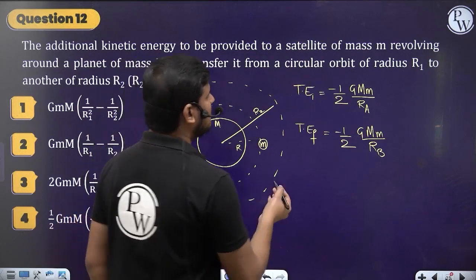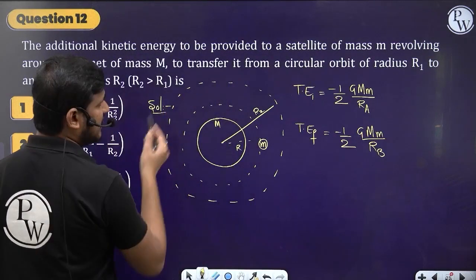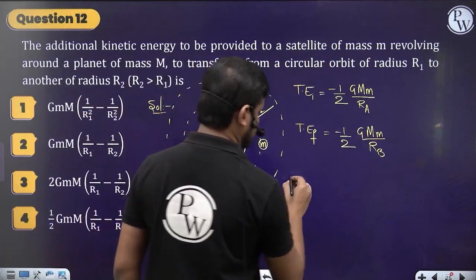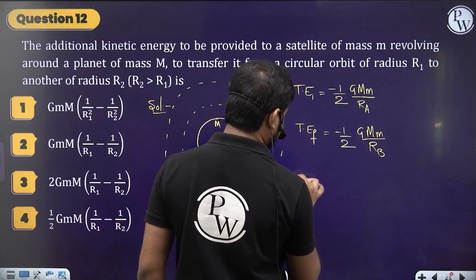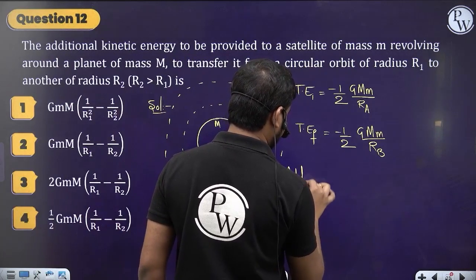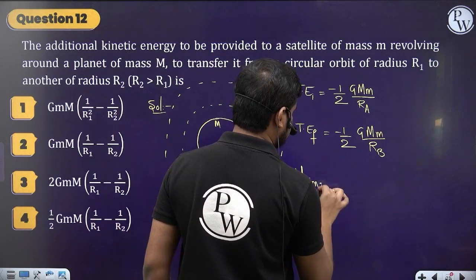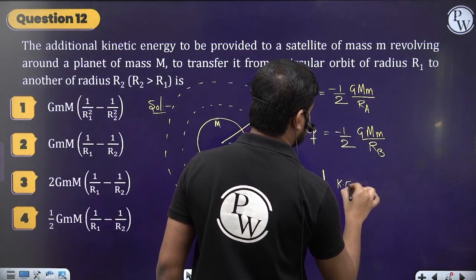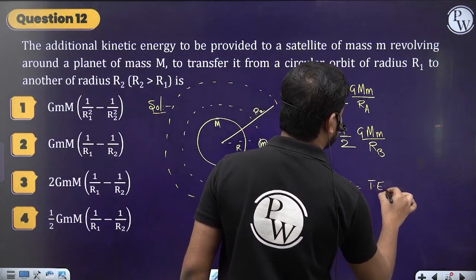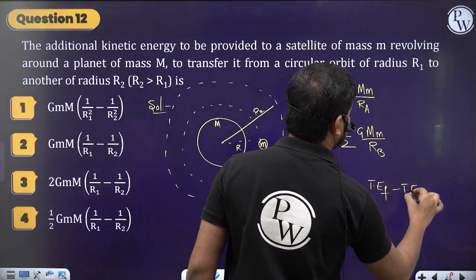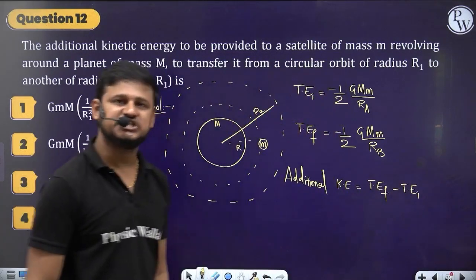So now what is the additional kinetic energy? The additional KE is simply TEF minus TEI, the final total energy minus the initial total energy.